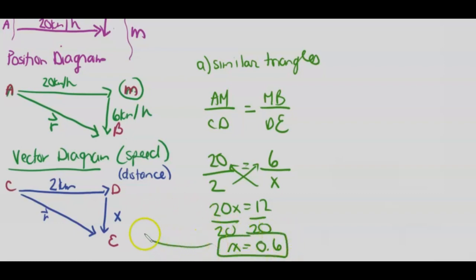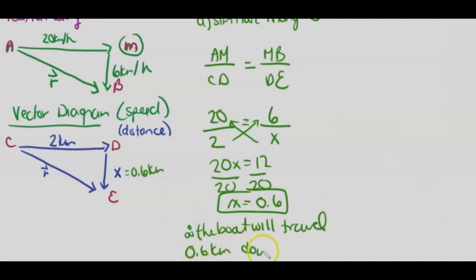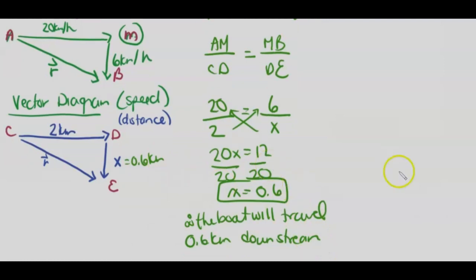Okay, because it's here, it's going to be 0.6 kilometers. So we can just say, therefore, the boat will travel 0.6 kilometers downstream from the marina.